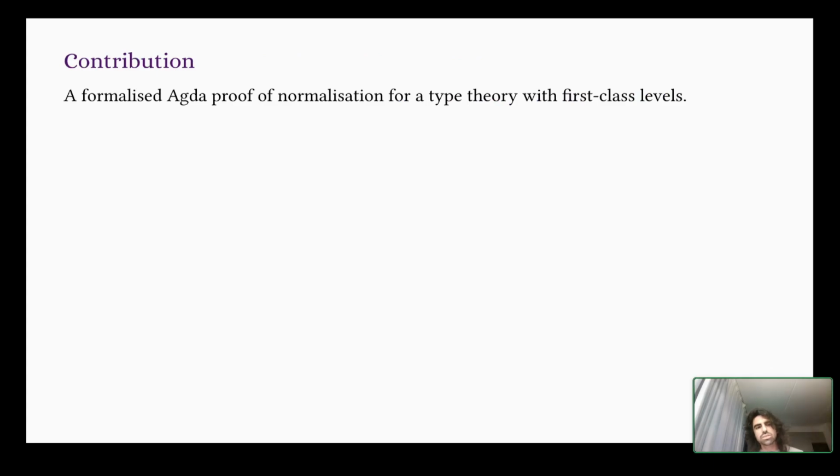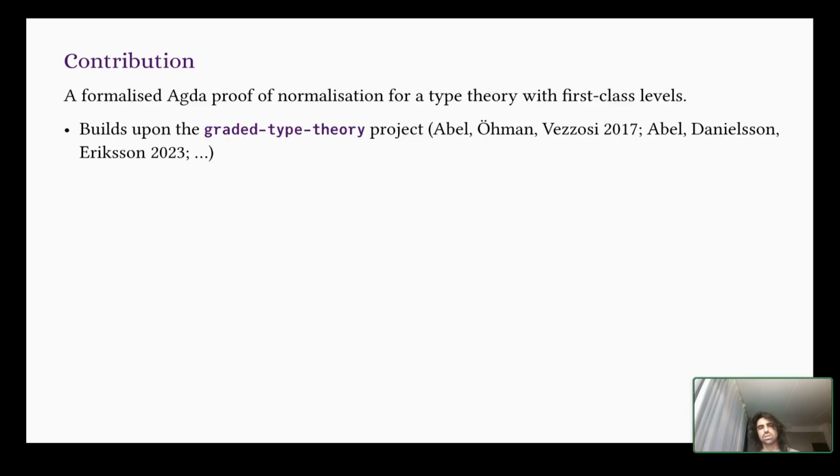So our main contribution is a formalized Agda proof of normalization for a type theory with first-class levels, inspired by Agda itself. So our formalization builds upon the graded type theory project, which is available on GitHub.